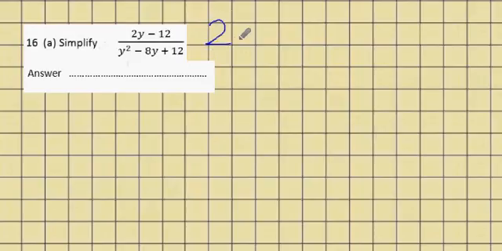Let's fully factorize the numerator, the top part of the fraction, which is 2y - 12. What is a common factor for 2y and -12? Well, 2 is, because 2 will divide into both evenly. So I'll write 2 outside the brackets, then I'll open a bracket. 2y divided by 2 is just y.